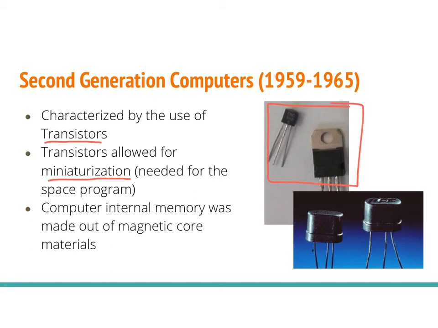So whereas the vacuum tubes and the light bulbs would burn out, transistors would not. So they wouldn't have to worry about constantly replacing these pieces of hardware in order to make the computer run. The other thing that was unique about these computers in the second generation is that their internal memory was made out of magnetic core materials. So we've started to change what we're utilizing to make our computers with.